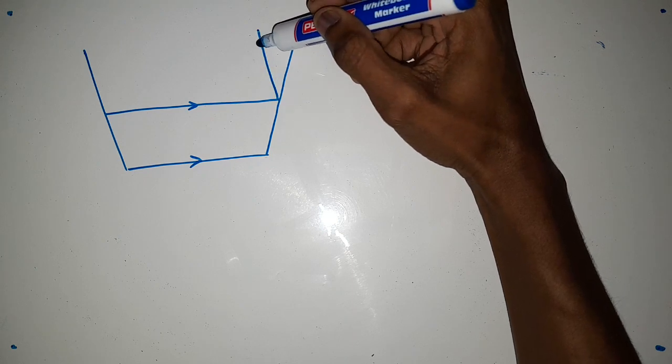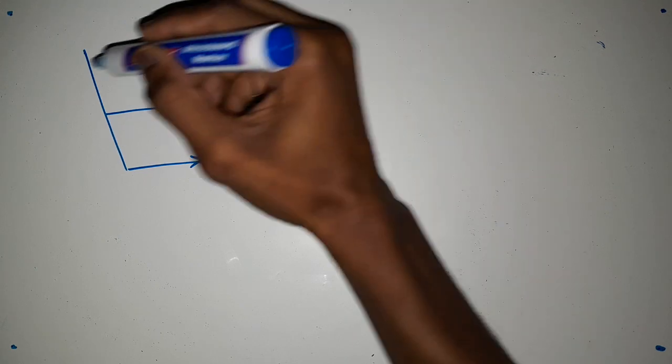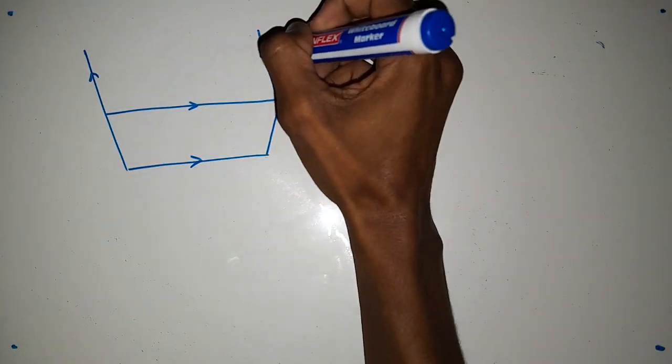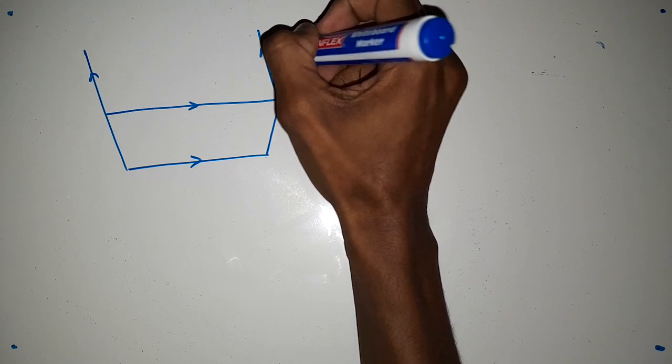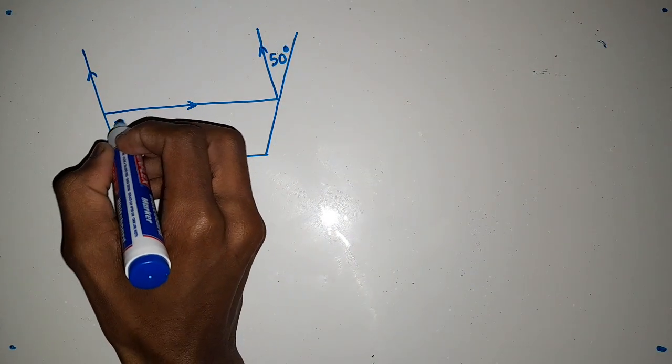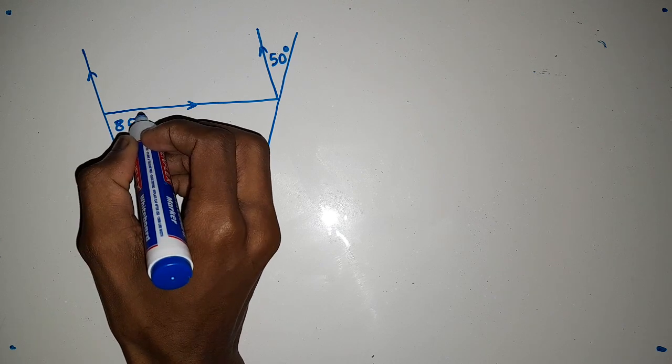Okay, say I give you something like this, then I say we have 50 degrees somewhere there. Say somewhere here we have 85 degrees.